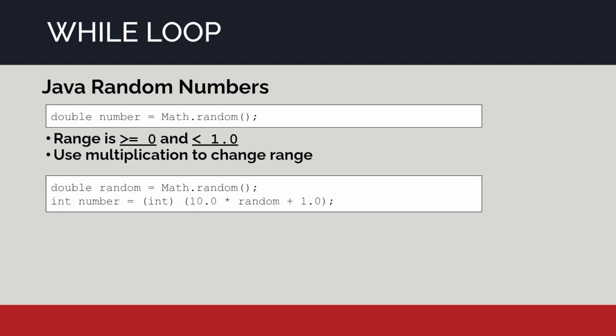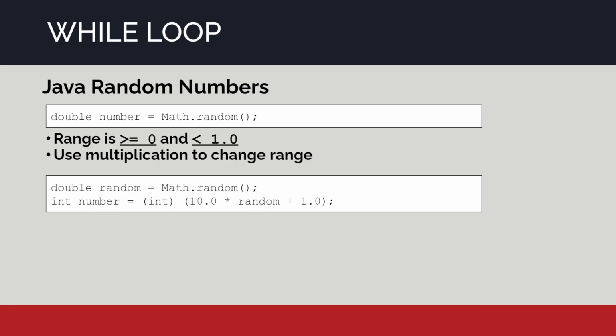And Java has a special method on the Math class, which we've been using for a while. If you just call Math.random, it will give you a random number, but the distribution is between 0 and 1.0. So that means that the lowest number you'll get is 0, and you'll never quite get 1.0.